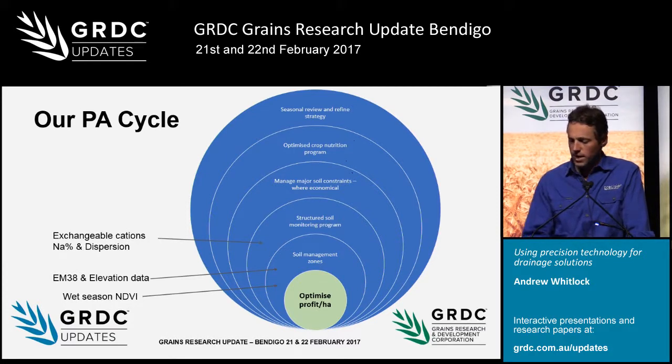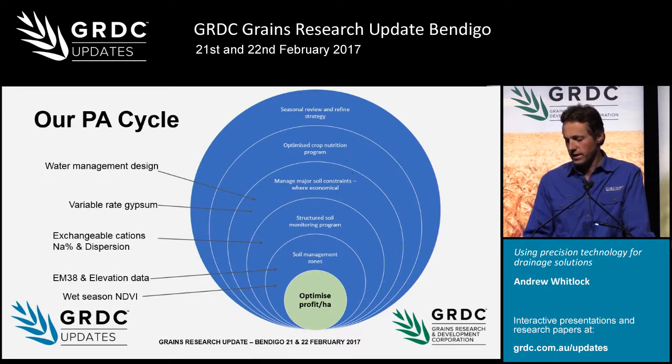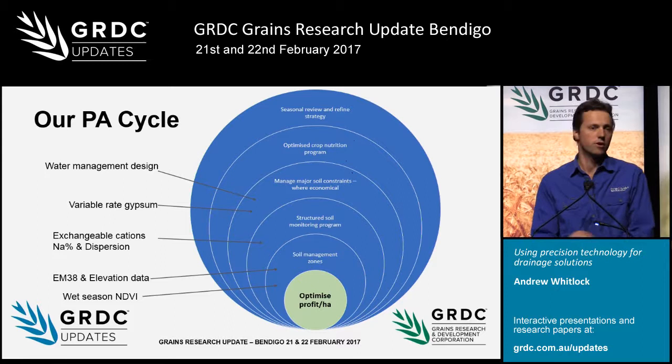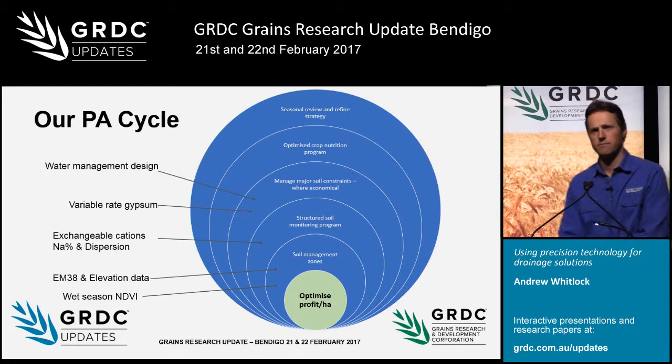But also, we like to feed in some strategic soil samples, not just for dispersion and exchangeable sodium levels, but I think that fits into a whole range of other nutrition programs as well, which I'll touch on briefly. And then we get to the actions, that's ultimately putting in some drains or variable rate gypsum.